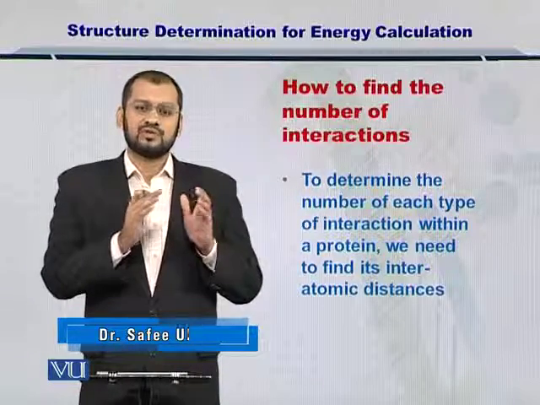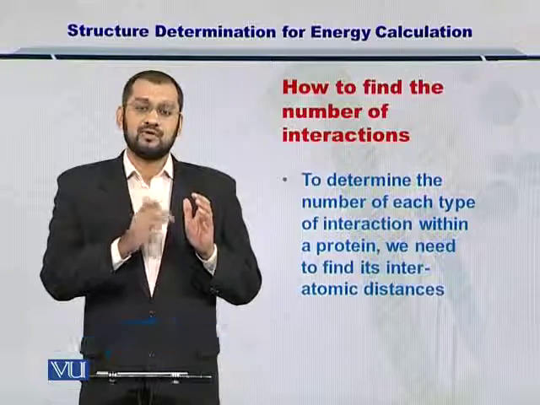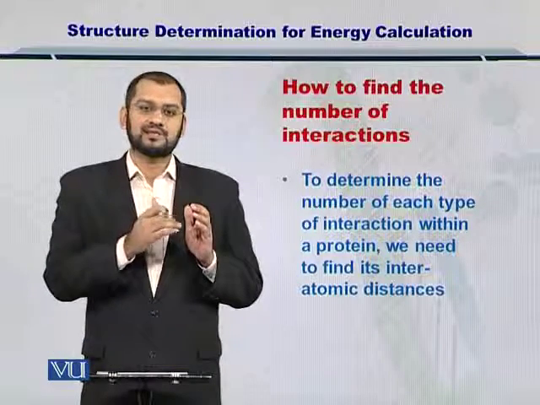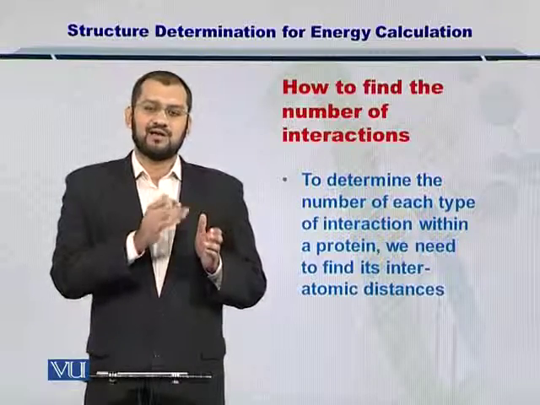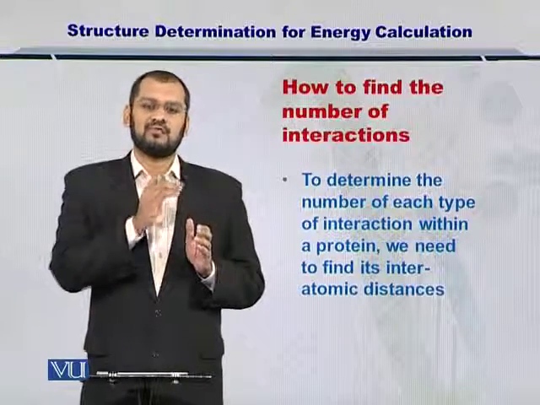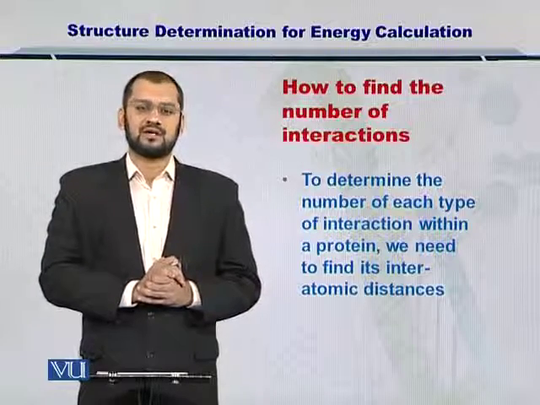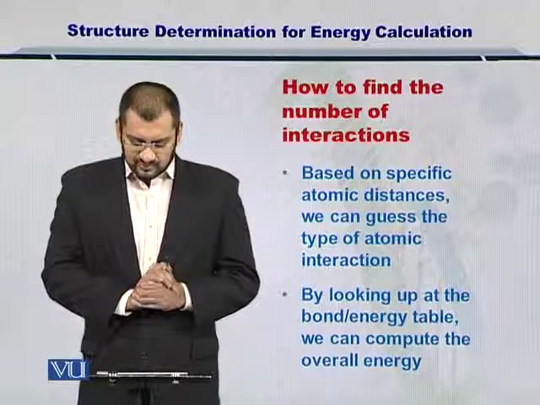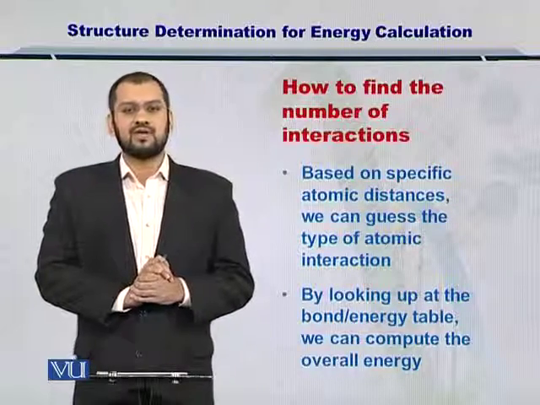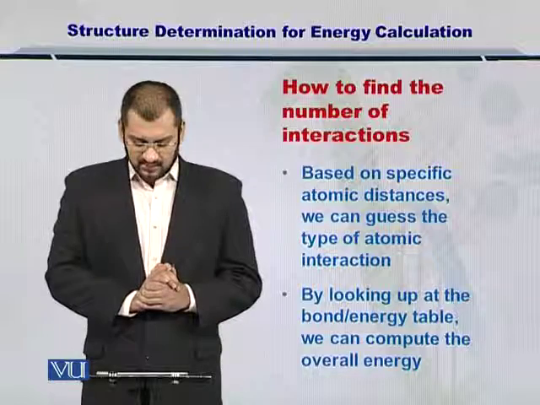So depending on the distance between atoms, you can guess the type of interaction that is taking place, and therefore you can assign an energy value that may have been given out when that interaction happened. So based on the specific atomic distances, we can guess the type of interaction.